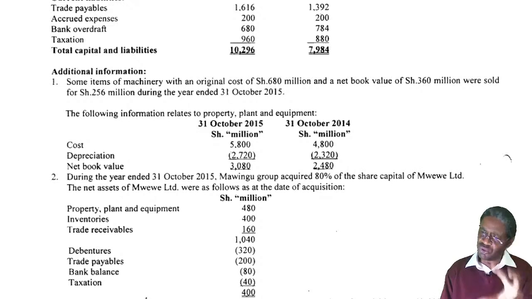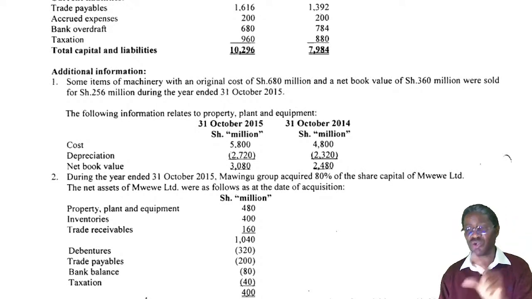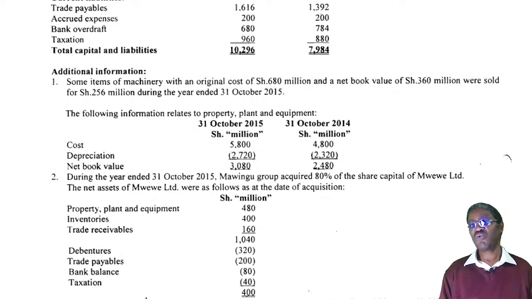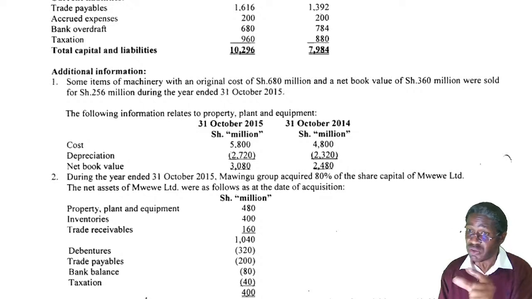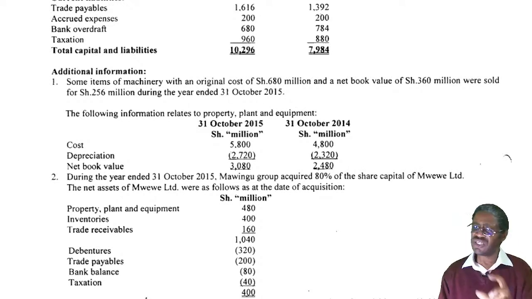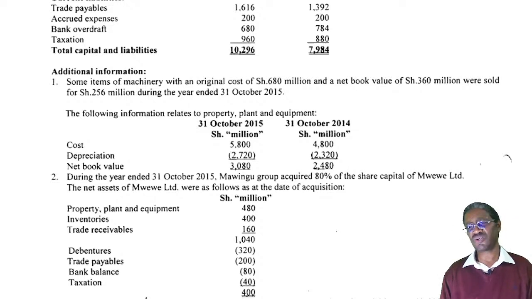And that disposal could have given rise to either a gain on disposal or a loss on disposal. And I hope you can see we sold an asset whose book value was how much? 360. We sold it for how much? 256. So we sold it for less than its book value. That must be a loss on disposal.